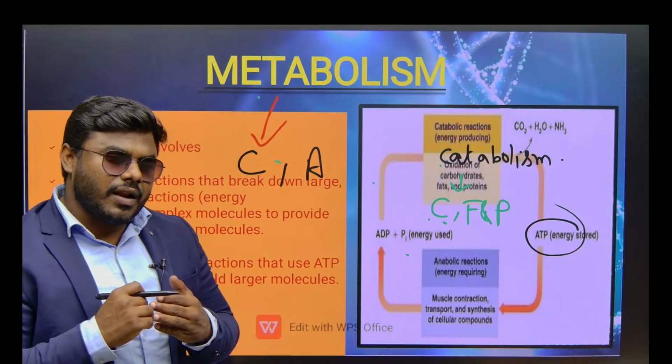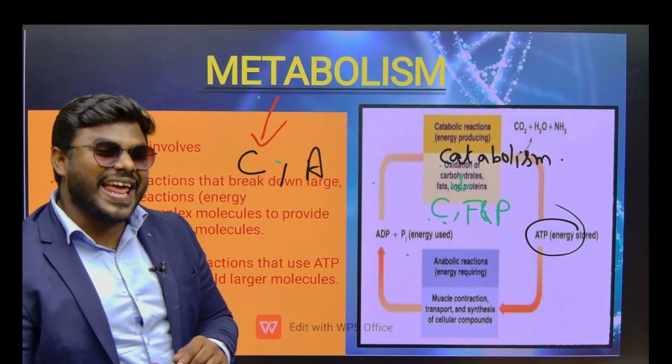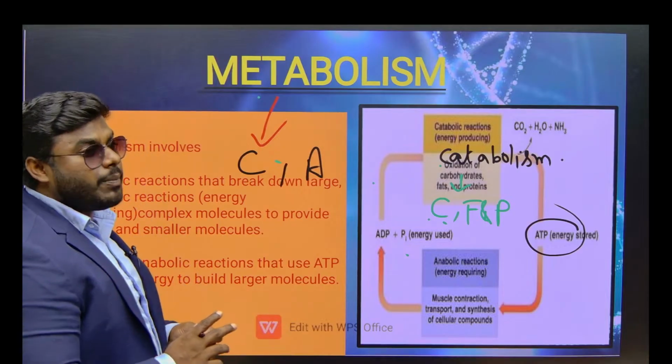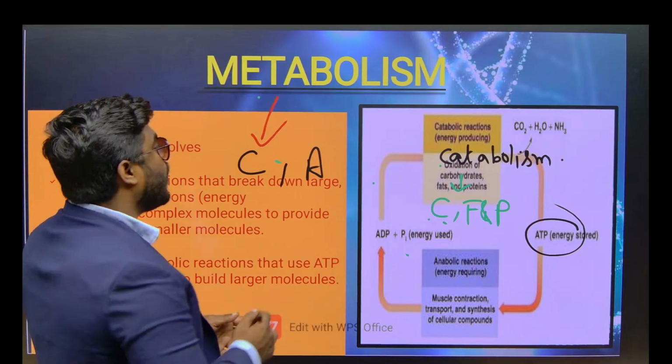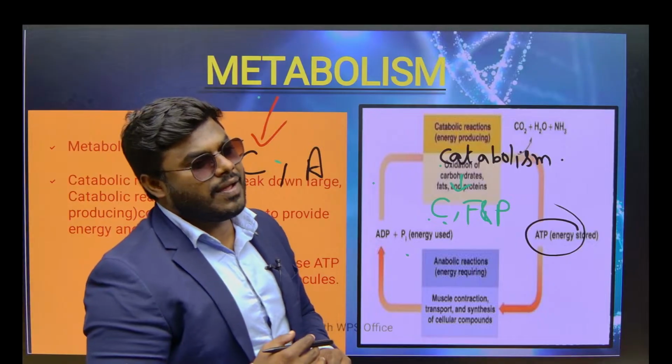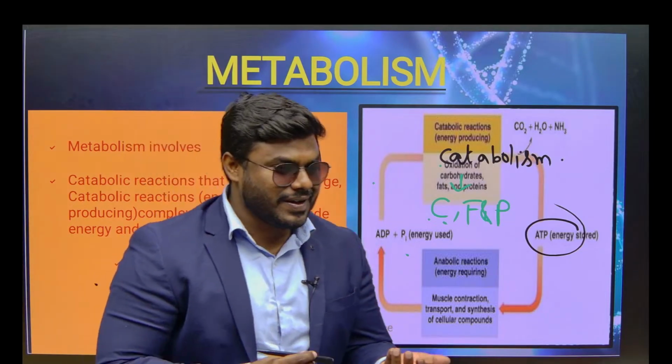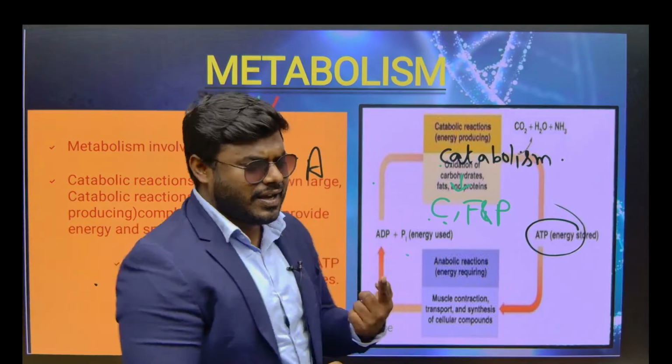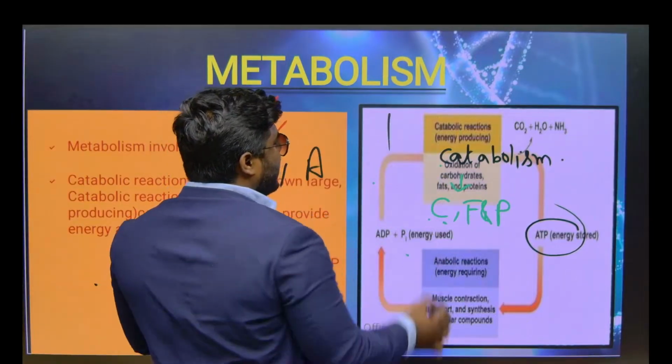And why do we need energy? Any cell can never be functional without energy. How many cells are there in a typical human body? Okay. How many cells are there in bacteria? Bacteria is single celled, right? Unicellular means how many cells? Only one cell.